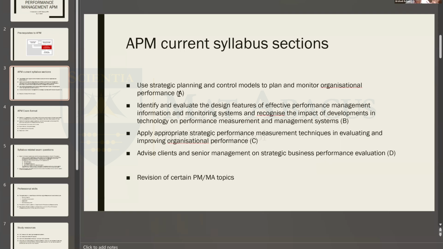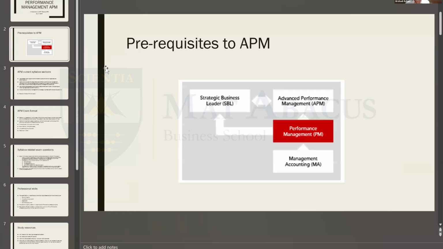So you need two main areas heavily. You need your performance management knowledge, you need strategic business leader knowledge. These two basically give you more than 50% of the knowledge that you need for APM. So then I will come and say, so APM is not difficult. So you say, why? Because around 70% of the syllabus you've covered before.